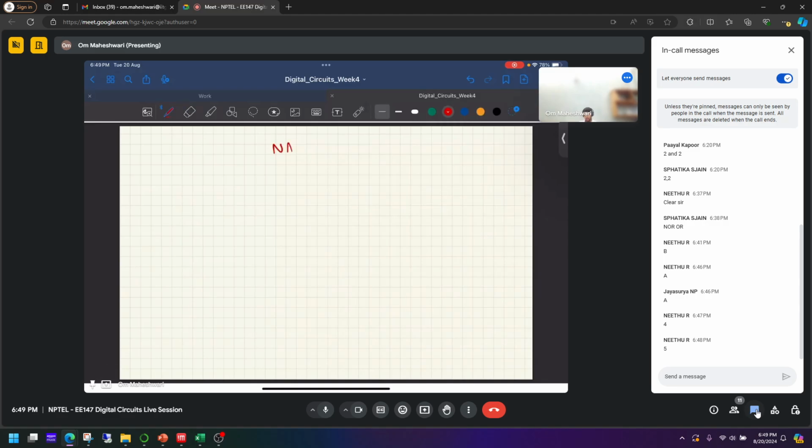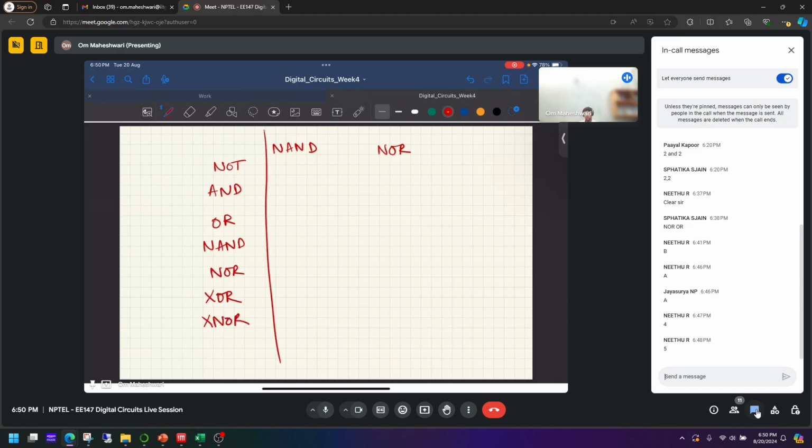NAND implementation, NOR implementation. You want to make, let's say, AND, NOT, OR, NAND, NOR, XOR, XNOR.